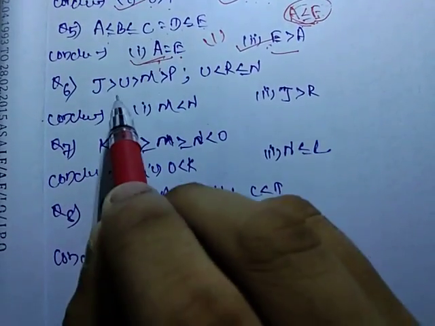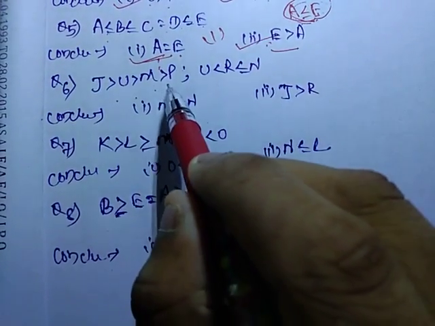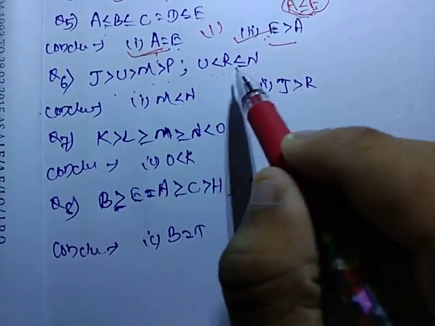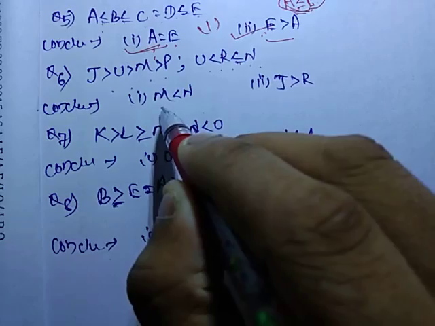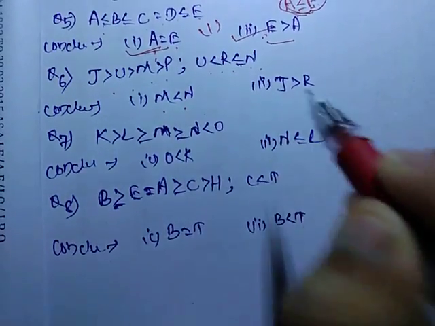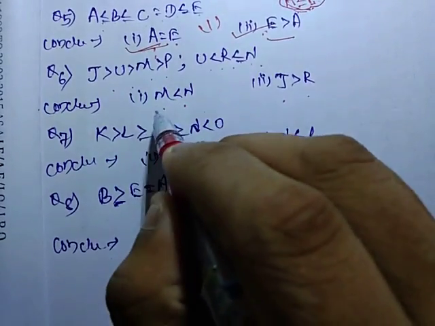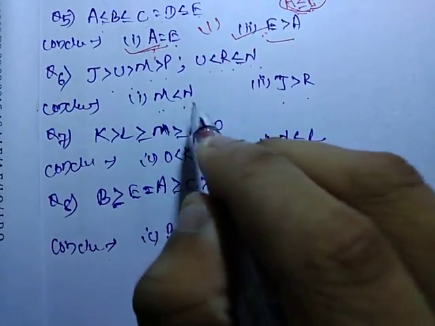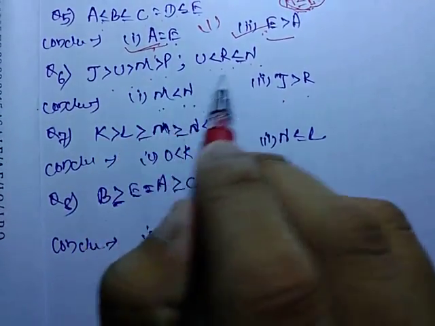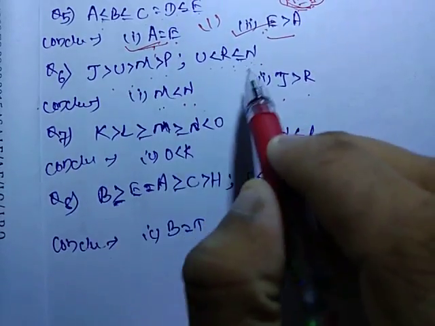Next, j is greater than u, is greater than m, greater than p, semicolon, u is less than r, less than or equal to n. Now I have to determine whether m is less than n is true or false, and whether j is greater than n is true or false. For m is less than n, I have to obtain the relation between this statement and this statement.